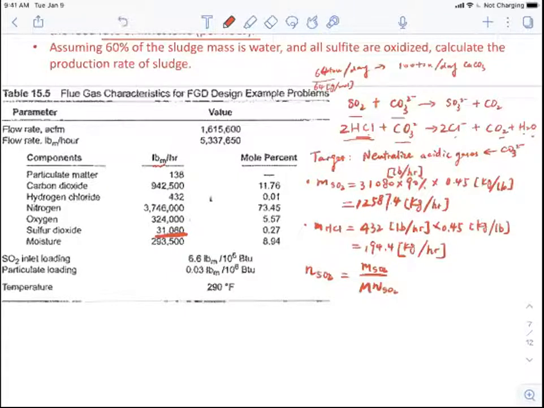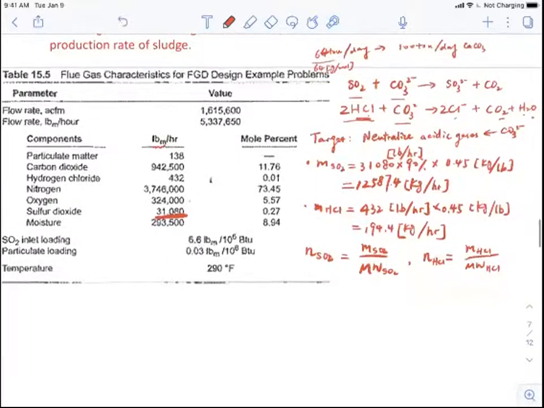And similarly, you have N_HCl equal to M_HCl divided by the molecular weight of HCl. The sulfur dioxide has a molecular weight of 64, and the hydrogen chloride has a molecular weight of 36.5 grams per mole.